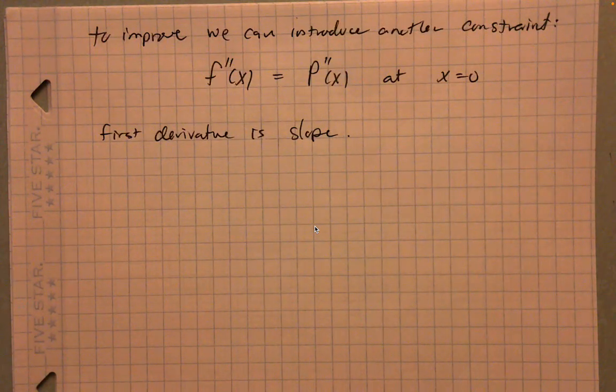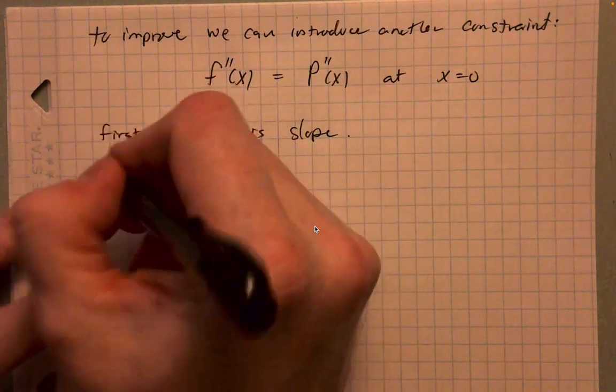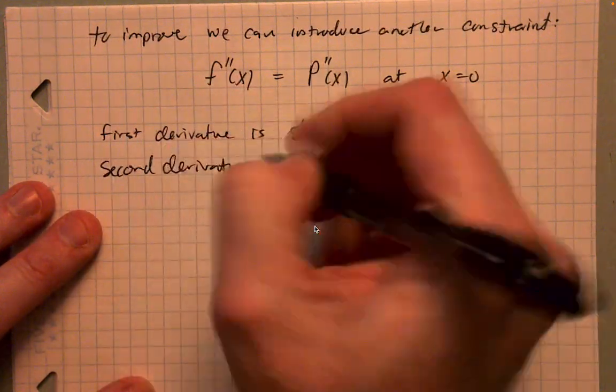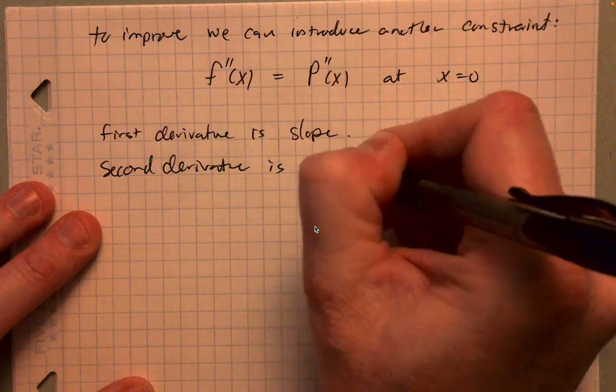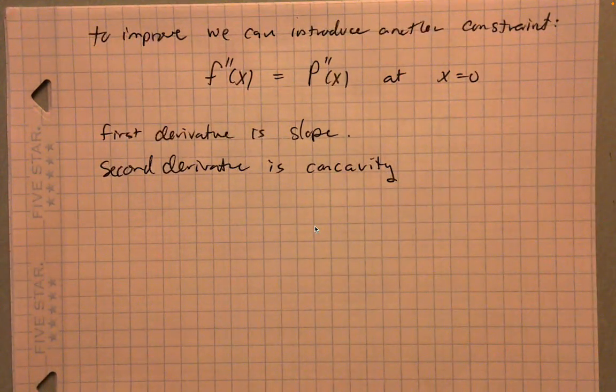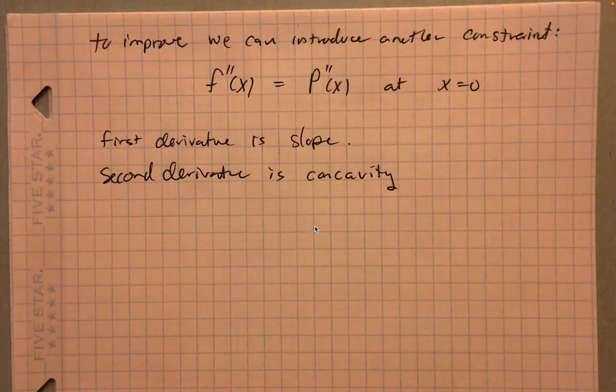When we introduce the second derivative, what are we introducing? Well, it's concavity, isn't it? That's kind of what's missing from our approximation that we just looked at. So let me pull this picture back up here.